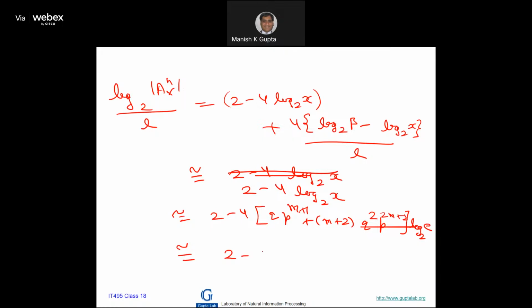Further simplifies to 2 minus 3 log 2 base e divided by 4 raised to power m plus 1. So this is the actual value.